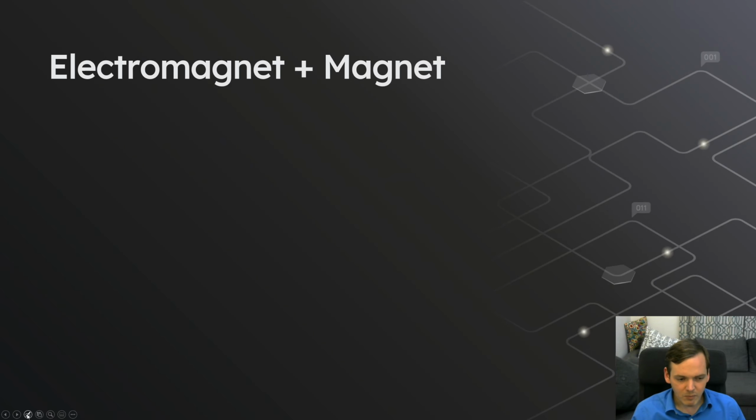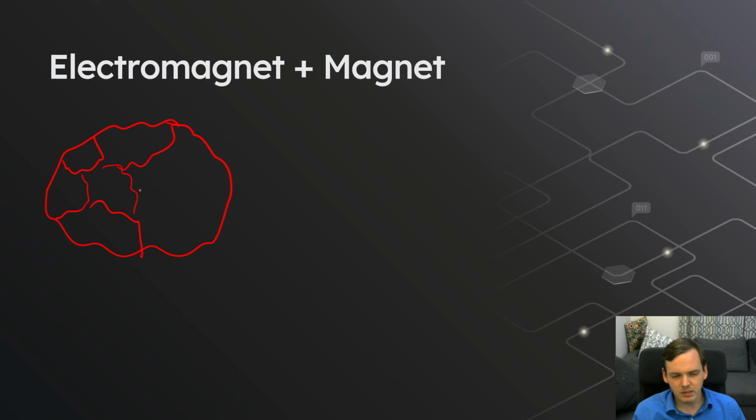So what does that mean for us? Well, you've already learned about how magnets work as being made of a bunch of little regions. And those regions can be aligned differently.